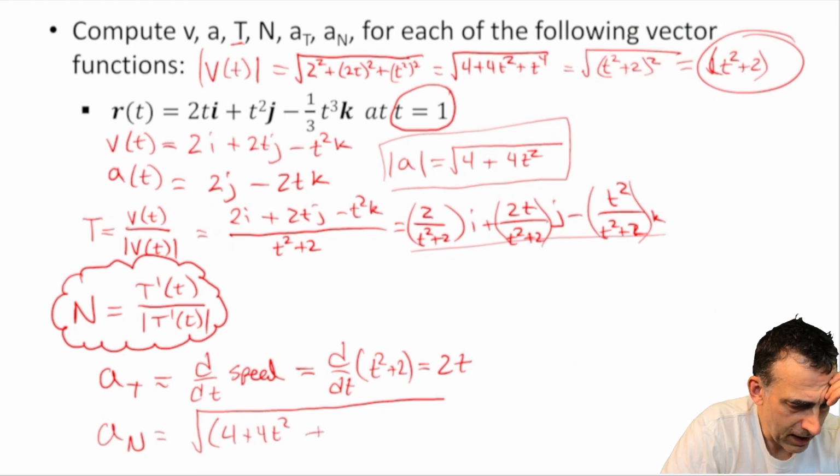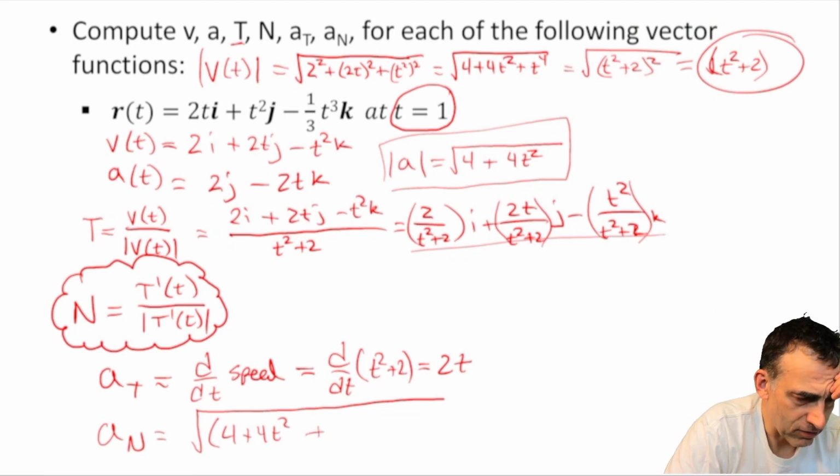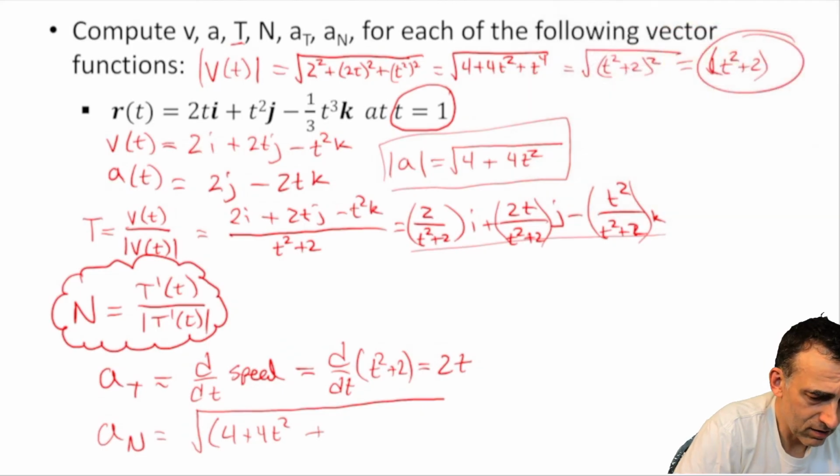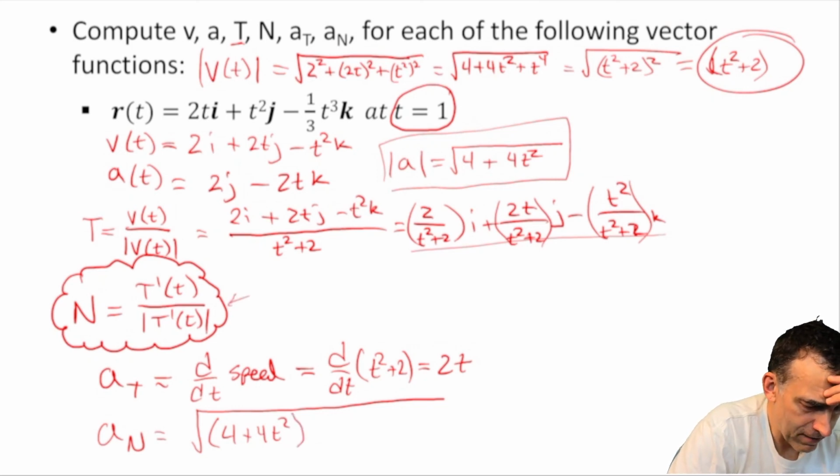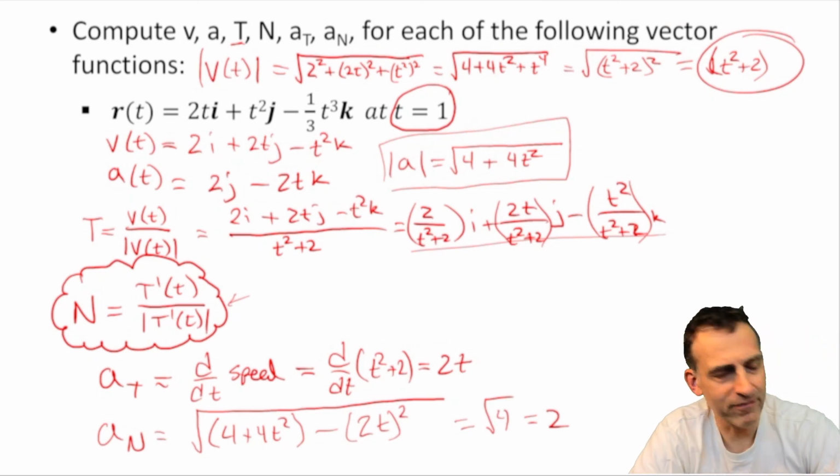And then you subtract from that. Ooh, that's amazing. This problem is working out so nicely. Anyway, that's the acceleration squared. Subtract from that the tangential component squared. Incredible. So the normal component of acceleration is just 2.